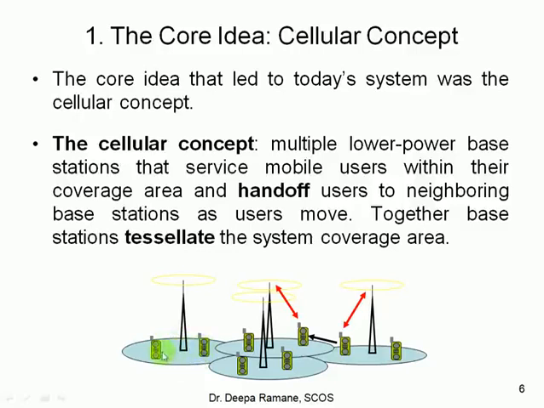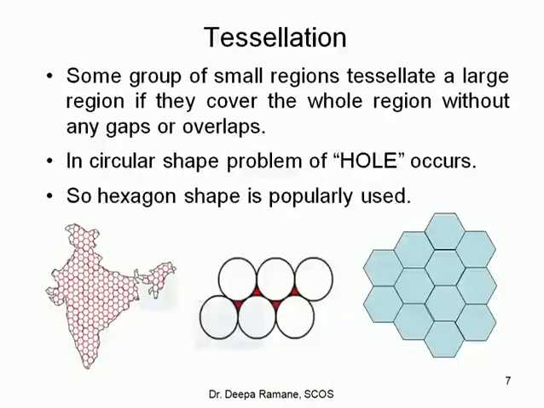So these two mobiles will be provided all the services by this particular tower. These two will be served by this particular tower and so on. So this is how your big area is divided into small regions called cells.